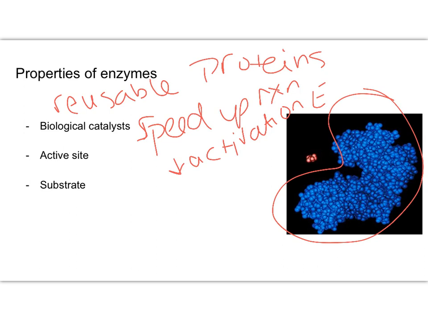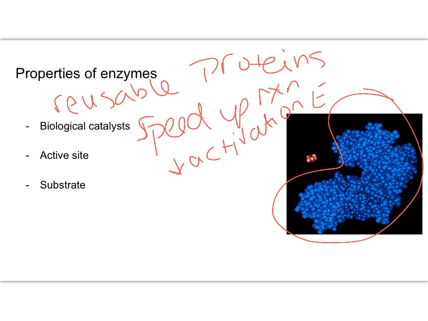The primary structure, the order of those amino acids, that secondary folding, either into that beta-pleated sheet or that alpha helix, followed by that final tertiary folding based on some of the properties. And when that protein loses that shape, it doesn't work properly anymore. And so that will come into play with our enzymes as well. So they're reusable proteins that are going to speed up our reactions by lowering the activation energy.